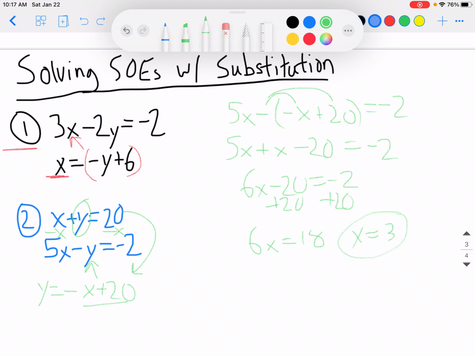All right, well, again, what I'm going to do is take this x value and plug it in there. So I'm going to have y equals negative 3 plus 20. And when I do that, I end up getting 17. So my final answer here is the point (3, 17).